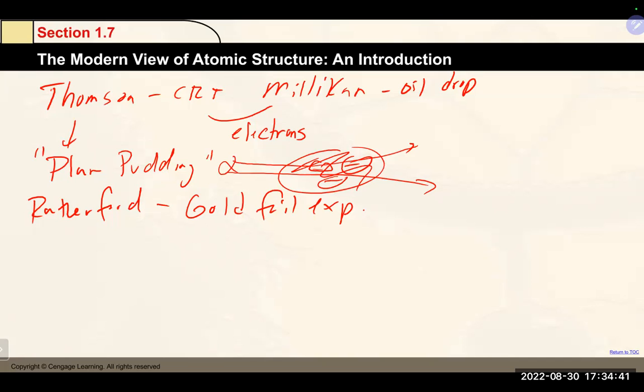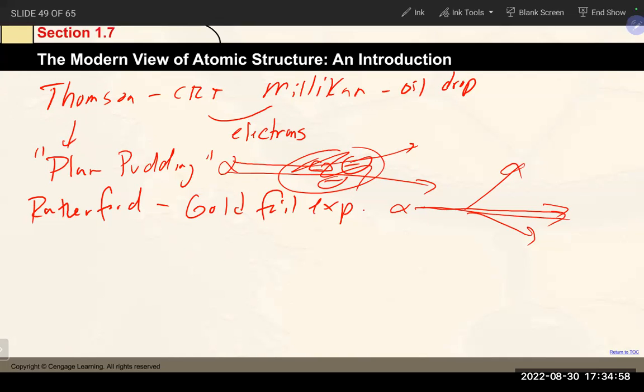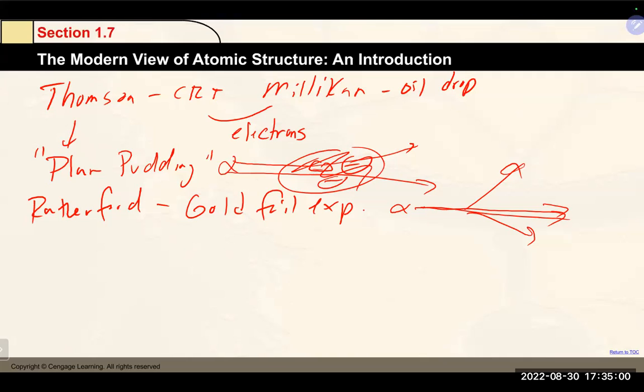What they actually saw, for the most part, was that when they shot the alpha particles, most of them went through undeflected, not like I drew there. And every so often, though, they did see alpha particles bounce off at really large angles. So that made them decide they had to revisit Thomson's model of the atom and start over, and that this is not the correct model of the atom, and that the atom was mostly empty space.